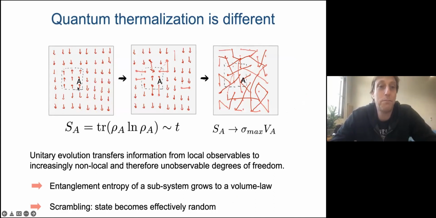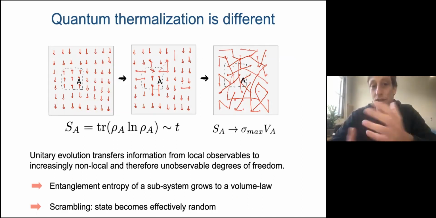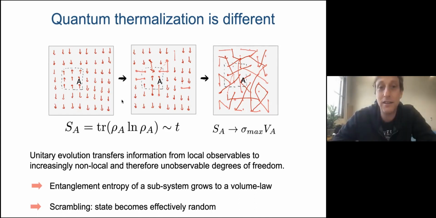So, for example, let me look at a quantum spin system where I initialize the system in a product state of the spins, so a non-entangled state, and let it evolve unitarily according to some generic quantum evolution that couples the spins. Then very quickly, these spins will get entangled. And the information that may have been encoded in the initial state is now encoded highly non-locally.